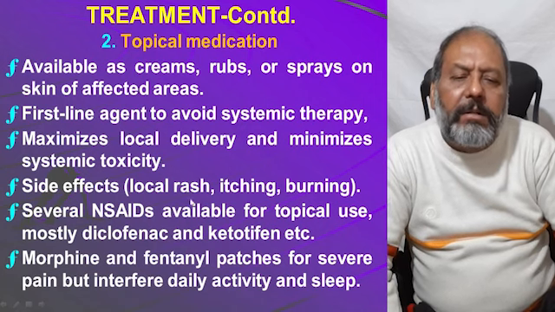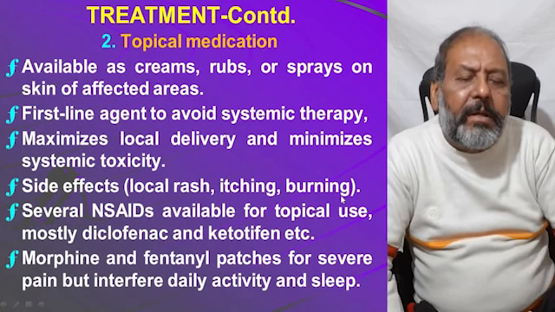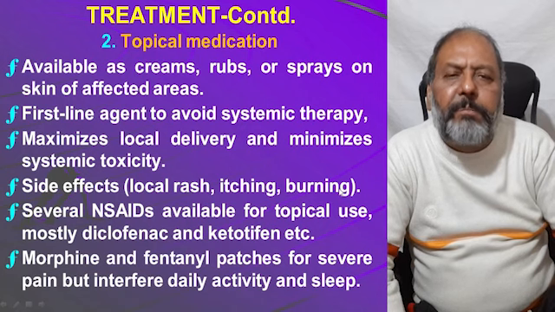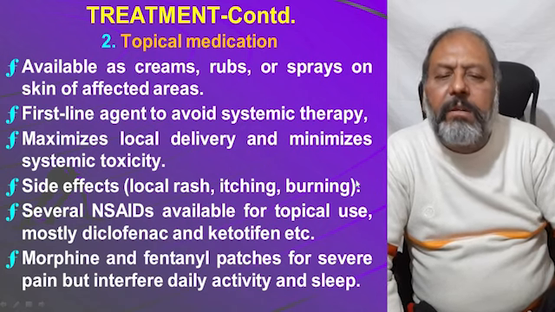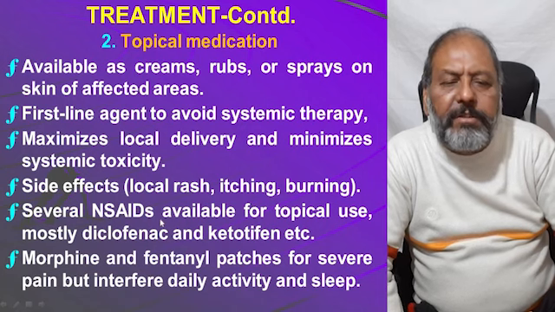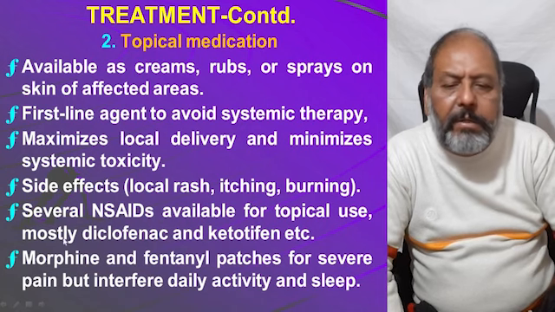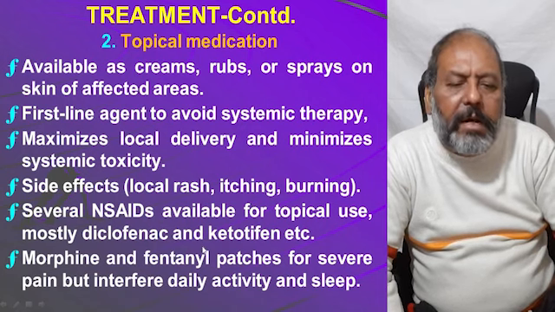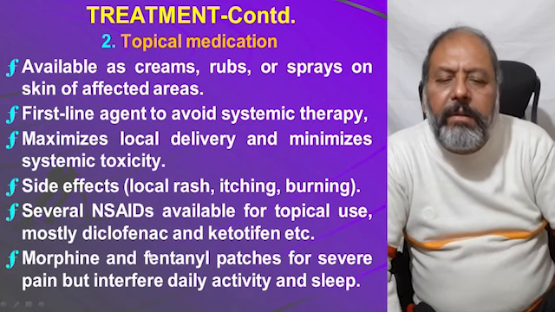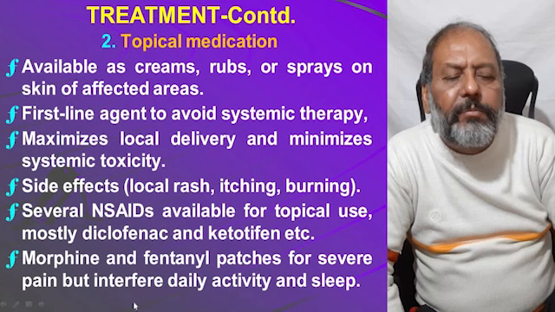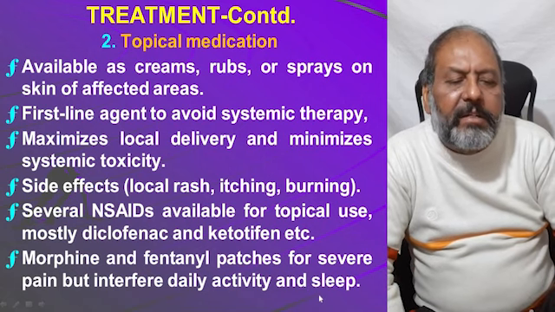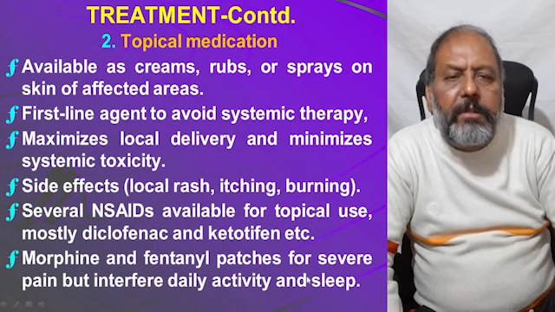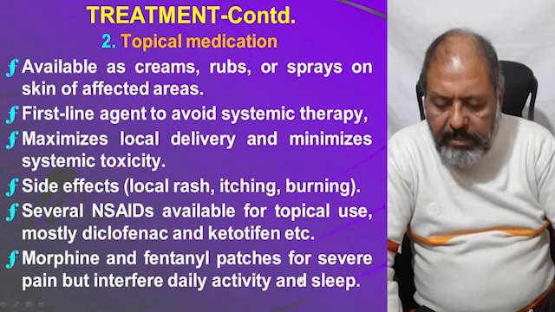Side effects are local rash, itching, and burning, which is bearable as compared to the systemic effects of oral medicine. Several non-steroidal anti-inflammatory drugs are available for topical use, mostly diclofenac and ketoprofen, etc. Morphine and fentanyl patches are used for severe pain, but these interfere with daily activities and sleep.